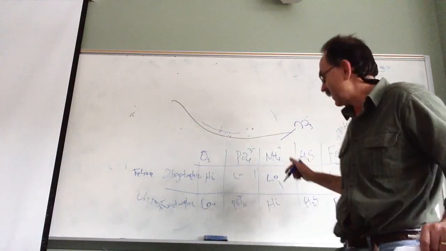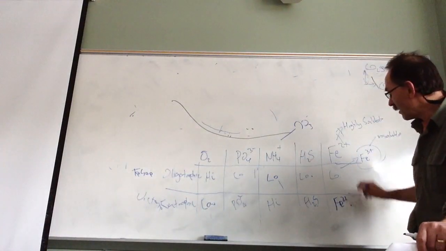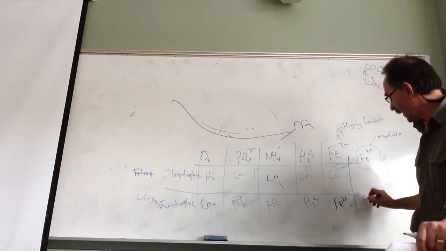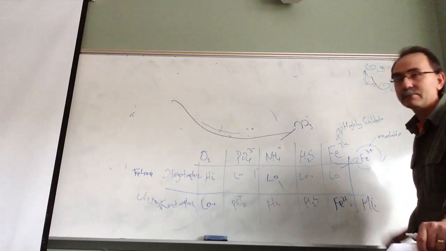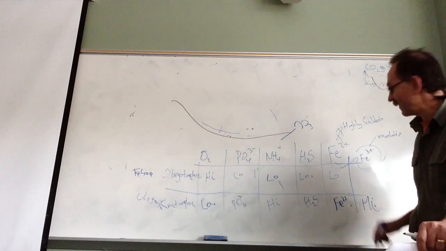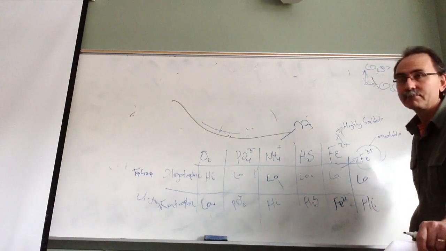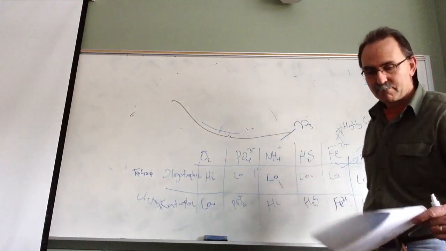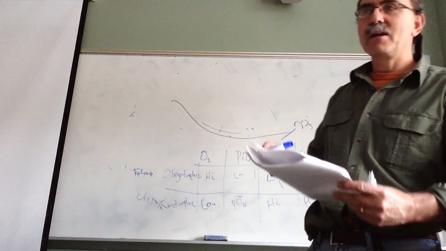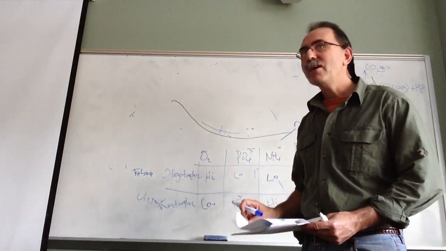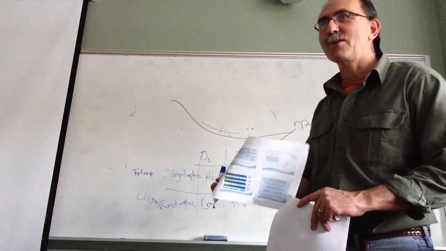If you had inorganic carbon over here, it would be very high, okay? Where it would be low here. Okay? So that's the hypolimnion responses. Don't know if we'll see that next week just because it's so darn cold.